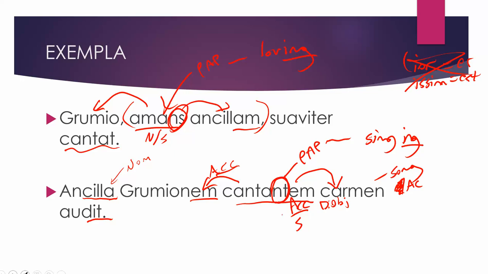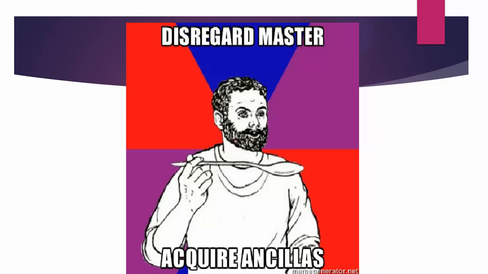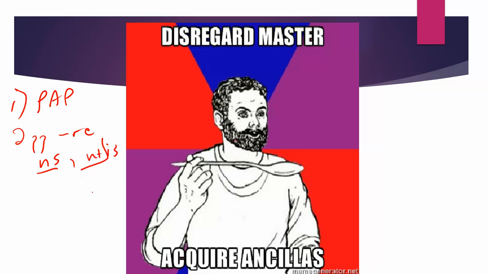So just a couple of things to keep in mind. First, the present active participle is formed from the second principal part of the verb, or the infinitive. You drop the RE, and you're adding NS for the nominative forms, masculine, feminine, and neuter, and NTIS to get your stem for the genitive.